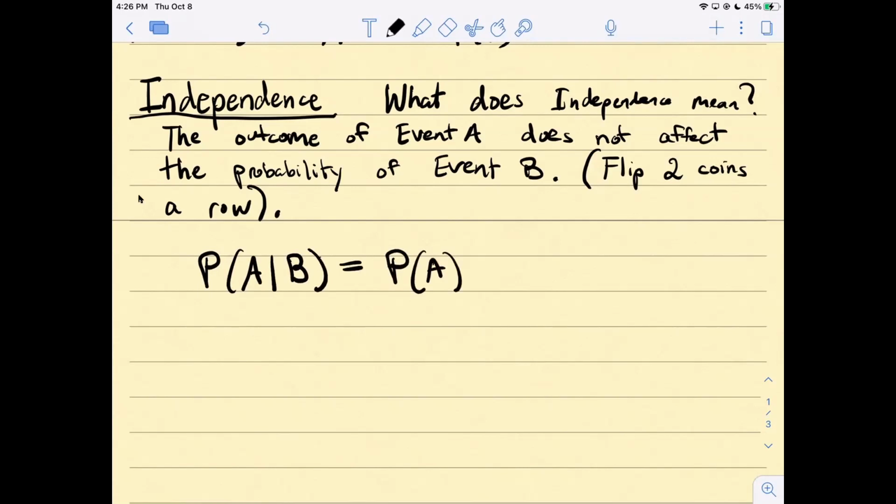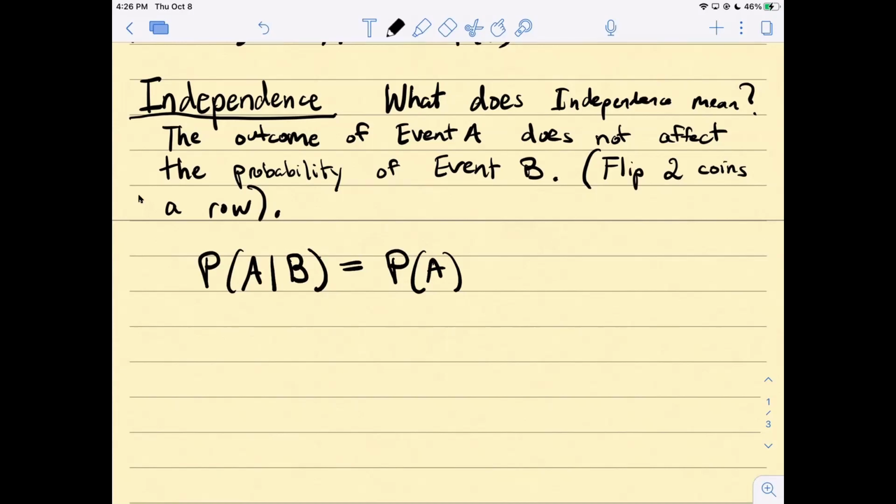And do you guys see that this represents that, in the first case, it's a probability given that we're in the universe where event B happened. What it tells us is that it won't change the overall likelihood of event A still happening.